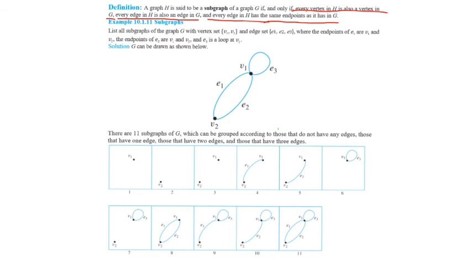The subgraph number 6 has vertex V1 and an edge E3, which connects V1 to itself.